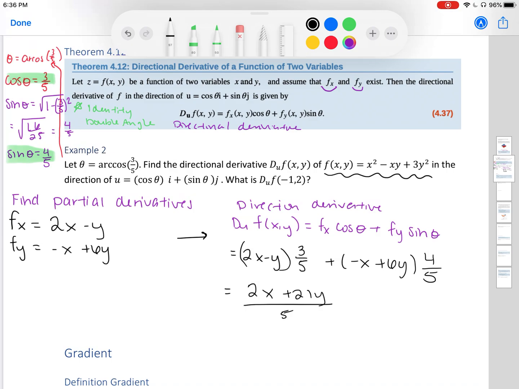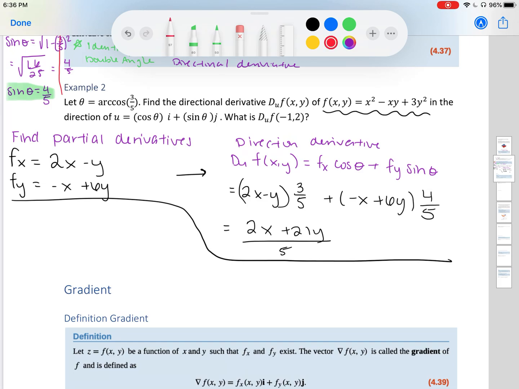All right, last piece, and I'm running out of space. Last piece of this problem, we're asked to calculate that value at the point negative 1 comma 2. So we just plug in those values. So we let x equal negative 1 and y equal 2.